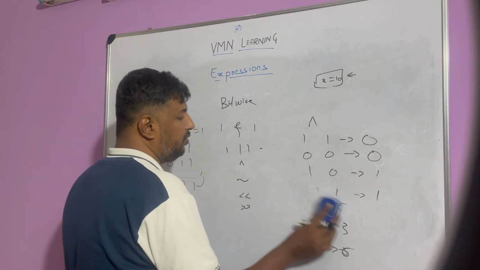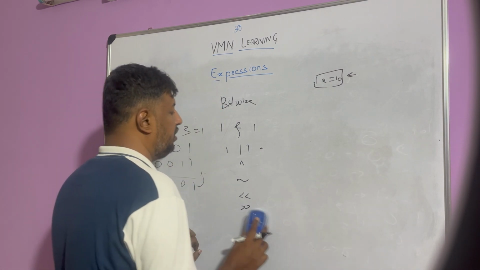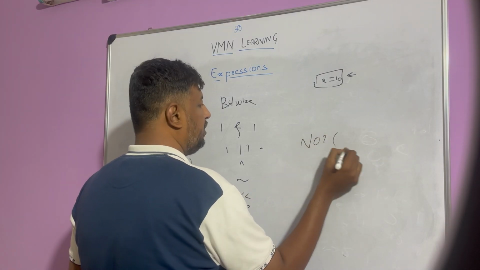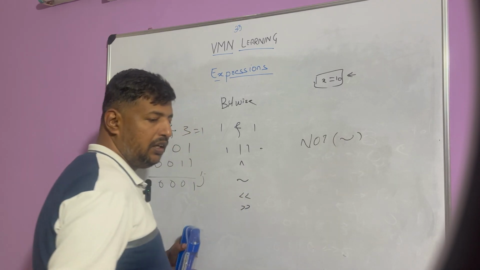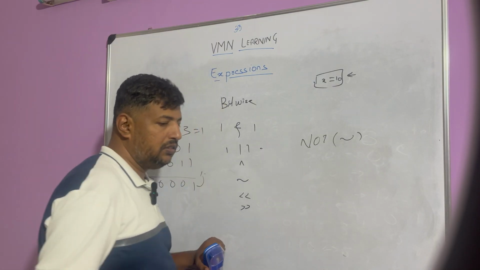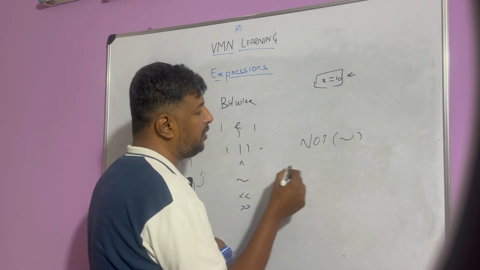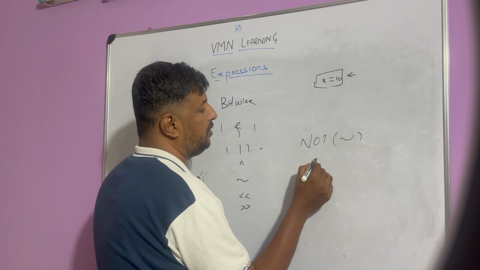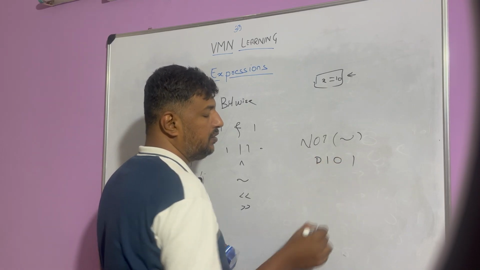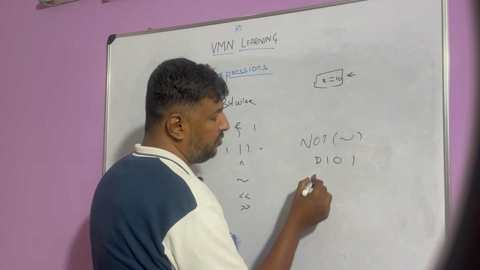Now coming to bitwise NOT, it will make a negation. Okay. Now 5's value is 0, 1, 0, 1. What it will do is make it negative.